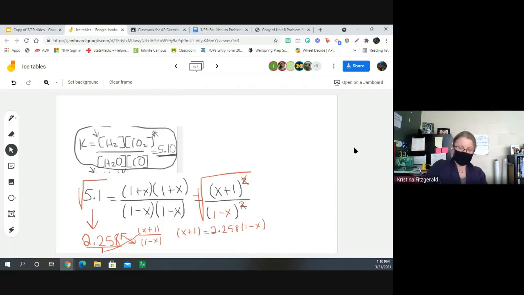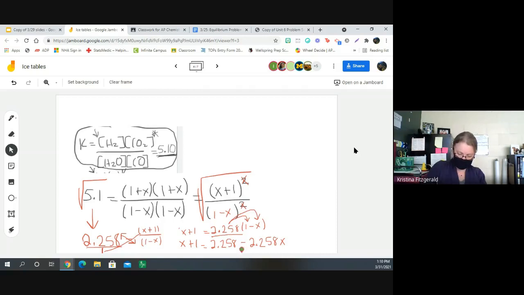Okay, here we go. We're gonna go ahead and do this number. We're gonna distribute it. We're gonna multiply it through. And I'm gonna get rid of these parentheses here because we don't really need them, but so we've got x plus 1 equals 2.258 times 1 is that number minus 2.258x. We need to get the x's together.